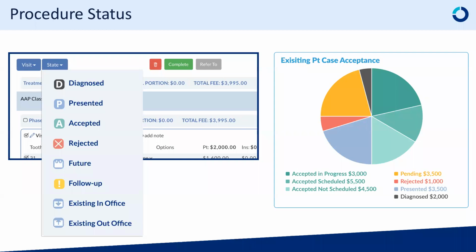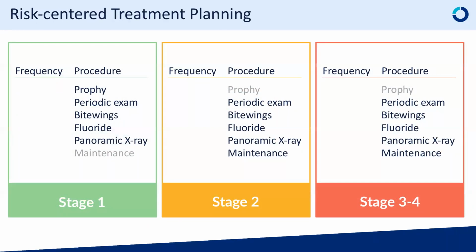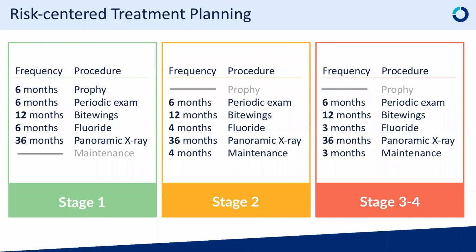Speaking again of risk assessment and risk-centered treatment planning, the different perio grading, perio charting, and perio classifications will automatically generate a Recare plan or a hygiene plan for the patients based on what stage they are in.